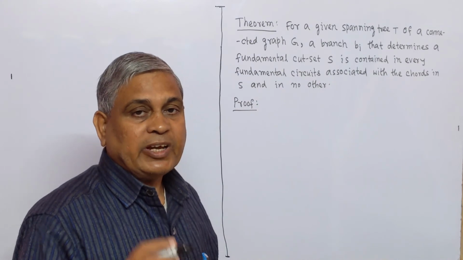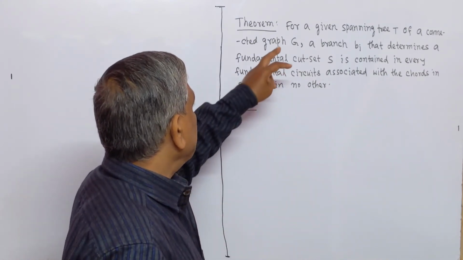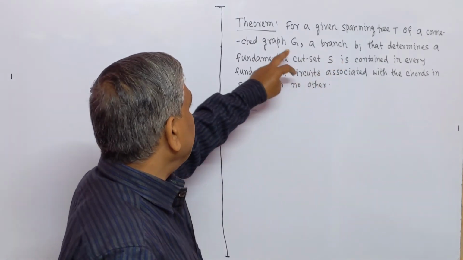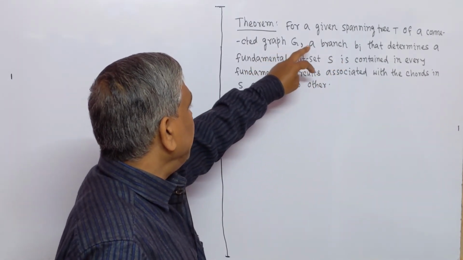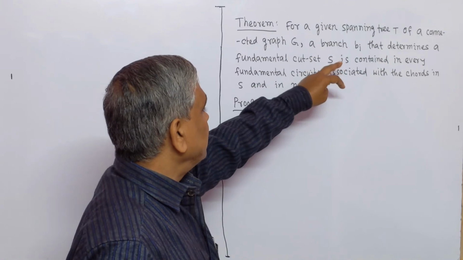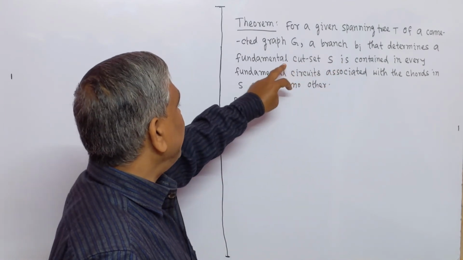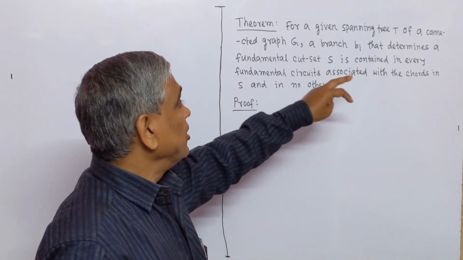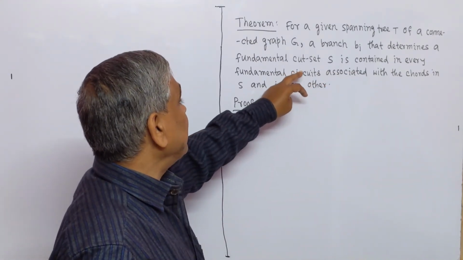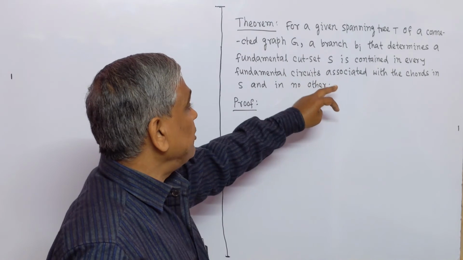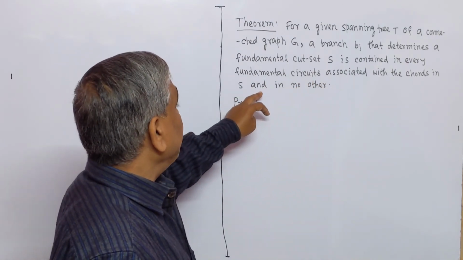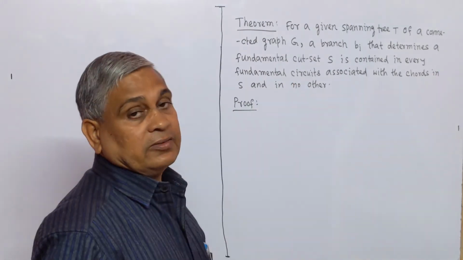Now we prove the next theorem. The next theorem is: for a given spanning tree T of a connected graph G, a branch Bi that determines a fundamental cut set S is contained in every fundamental circuit associated with the chords in S and in no other.